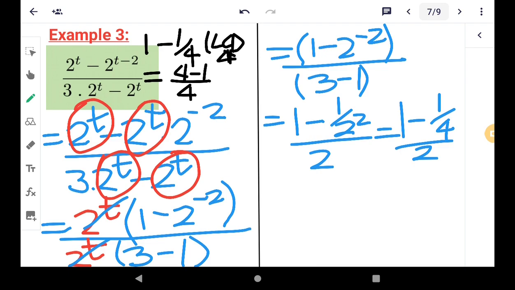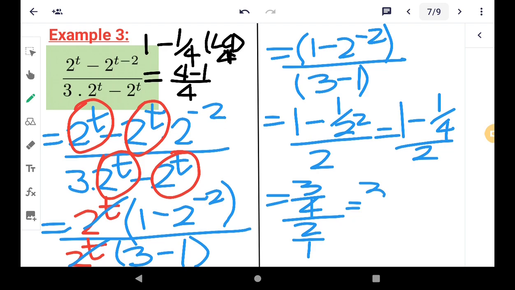If you don't know how to add your fractions, I'm going to do a special video on this so that you remember. So that leaves you with 4 minus 1 is 3 over 4. That is equal to 3 over 4 all over 2, which can also be written as 2 over 1.